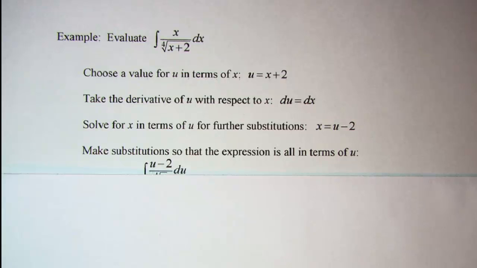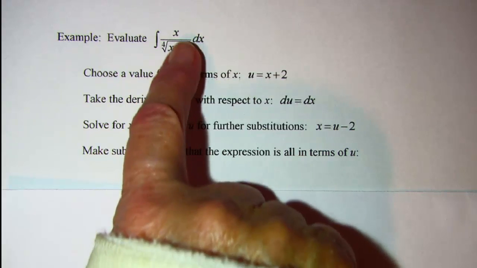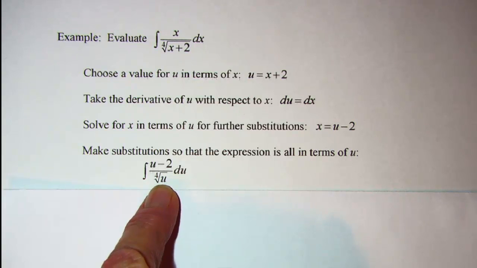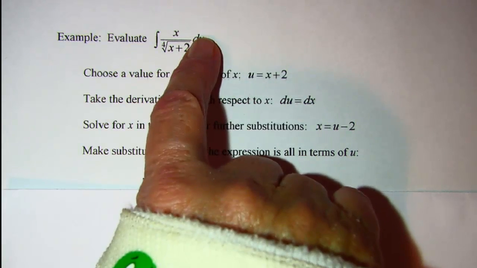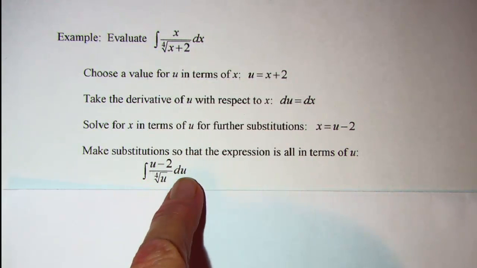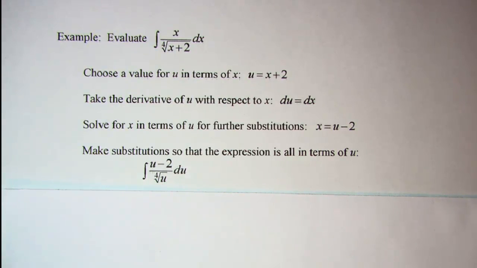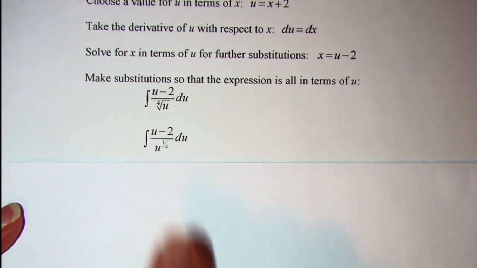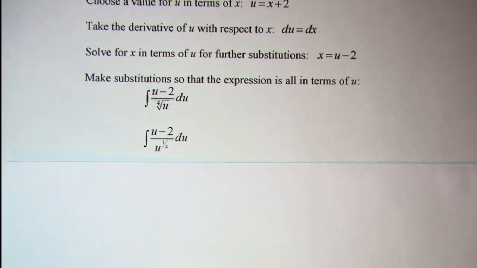Now I'm ready to make the substitutions. In place of x, I'll put in u minus 2. And then I have the 4th root of u in the denominator. And then in place of dx, I'll put in just du. All right, I'm going to write this radical as u to the 1/4. And then I can simplify this by splitting this into 2 separate terms.